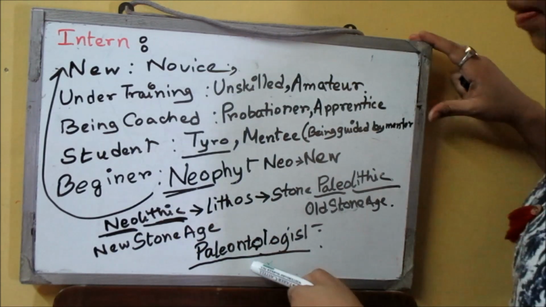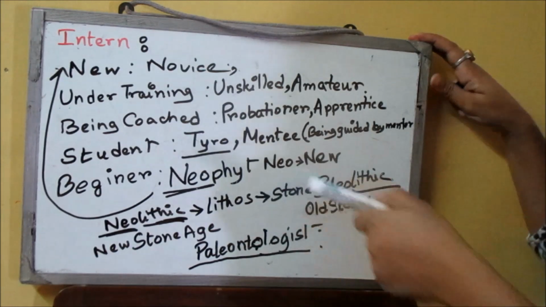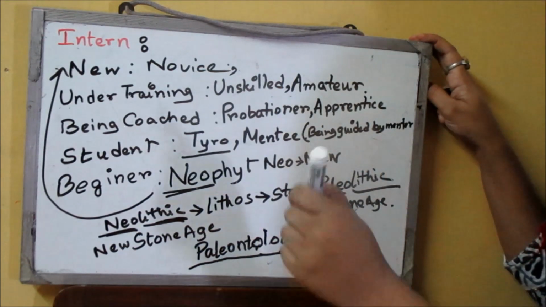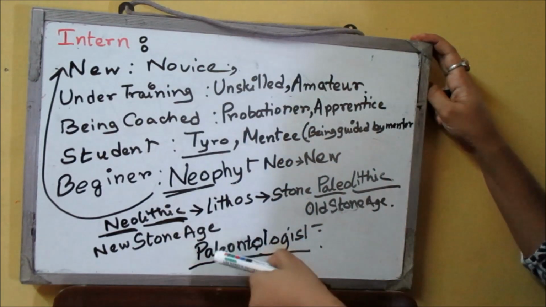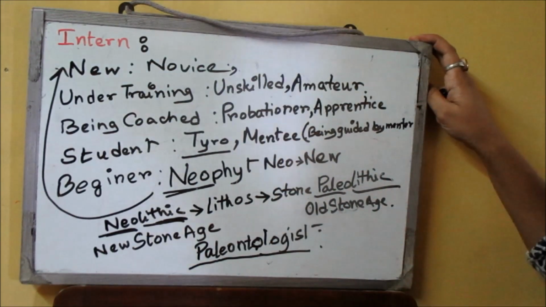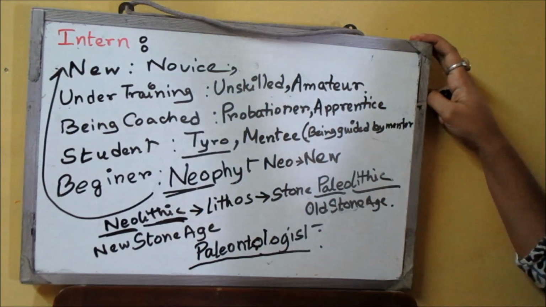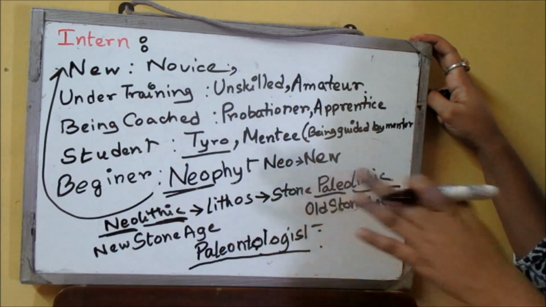So basically, we can understand that paleontologist refers to an expert on paleon. Now what is paleon? Paleon is basically fossils. So paleontologist is an expert of fossils, right? A paleontologist is an expert of fossils.